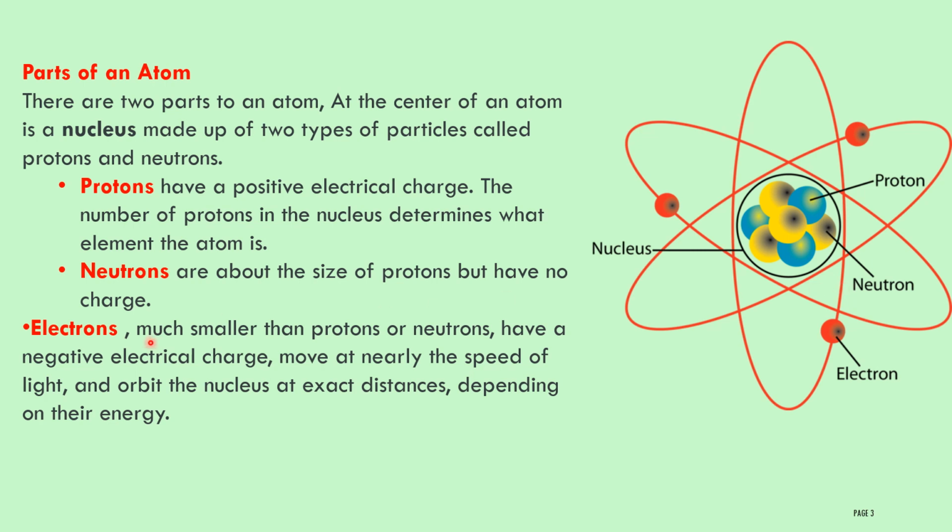Electrons are much smaller than protons and neutrons. Here you can observe the size of an electron is smaller compared to the proton and neutron. Electrons always carry a negative charge and move at nearly the speed of light.